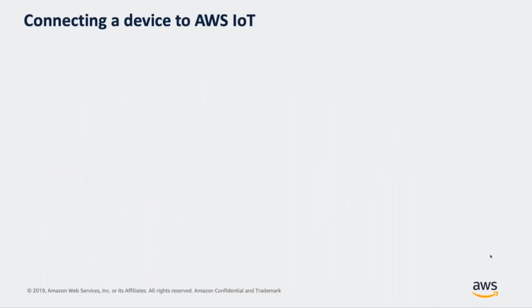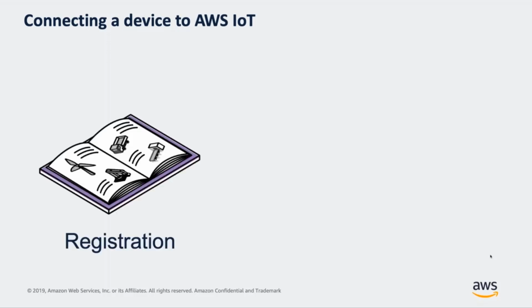Now, let's dive a little deeper on the connectivity aspect of AWS IoT, what it takes for your IoT devices to connect to AWS IoT in the cloud. So the first thing you'll need is to register your device with AWS so that AWS is aware of these devices.